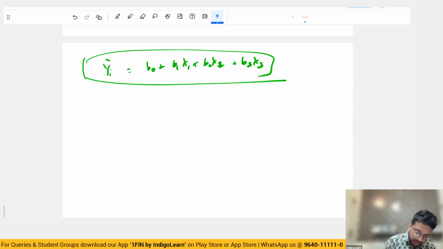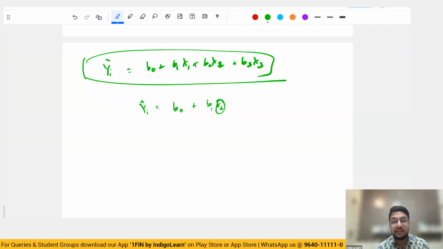Let's say I'm saying that your marks are going to be determined by the weather. You are from Bangalore? No, sir, Goa. Goa. Okay.